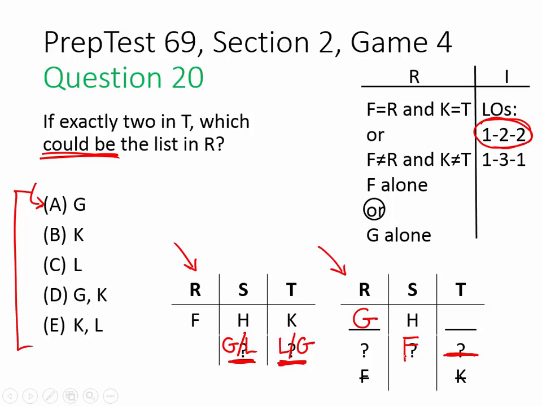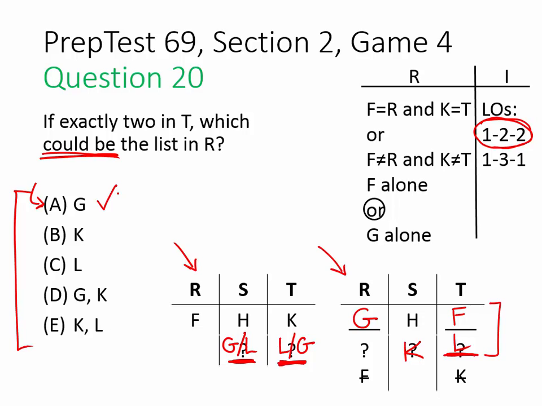Oh, but right away we'll see that we won't have a place to put K. So let's pull F over to this side, place K right here, and place L right there. We have 2 people in T. We have only G in case R, and this seems to be working just fine.